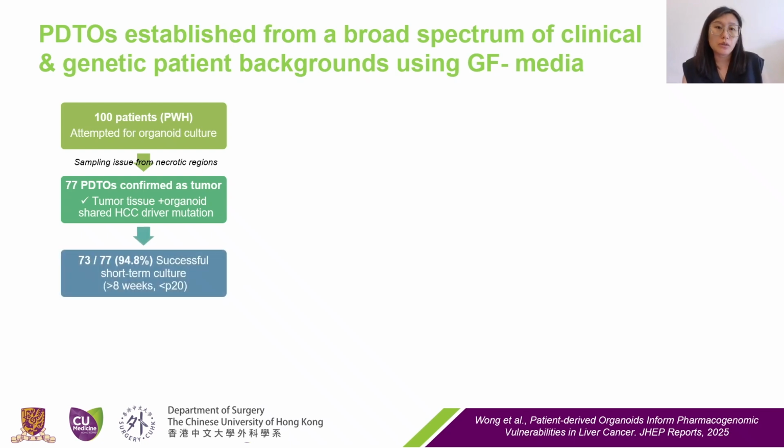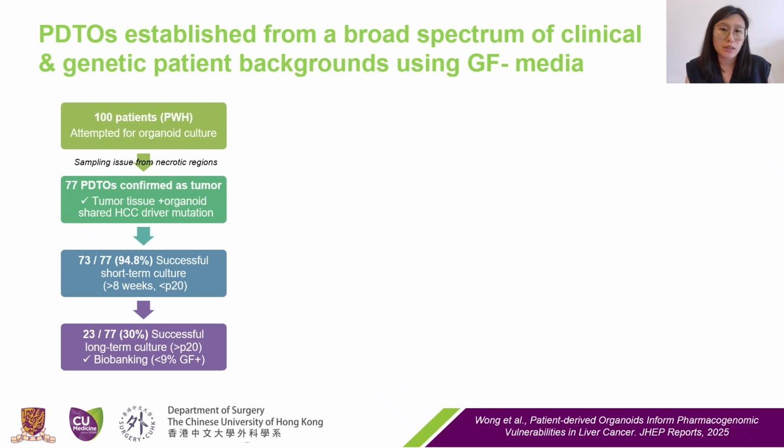From this cohort, we were able to successfully establish 73, or 95% success rate, for short-term culture, which we define as organoids growing for more than 8 weeks but less than 20 passages, and a further 23, or 30%, successfully established for long-term culture, which we define as growing for more than 20 passages with stable biobanking.